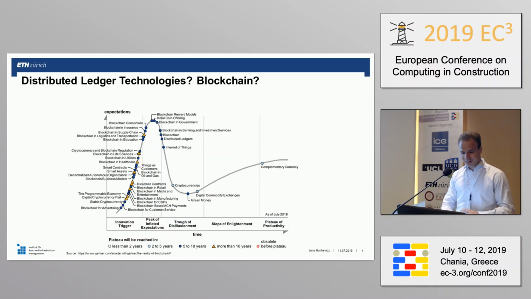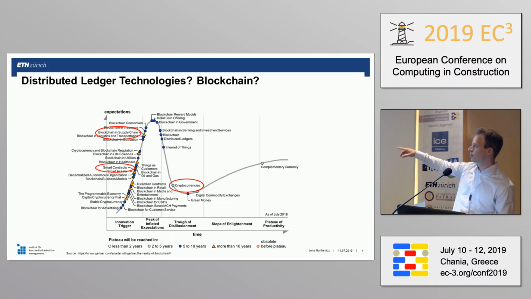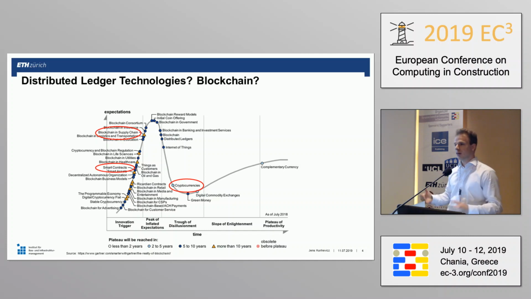But what they did was publish a new hype cycle which is only about DLT and blockchain. All those terms you see there are blockchain related. I just highlighted a few of them you might know: cryptocurrencies is down there, smart contracts, blockchain and supply chain. These are just some very common and hyped applications right now.